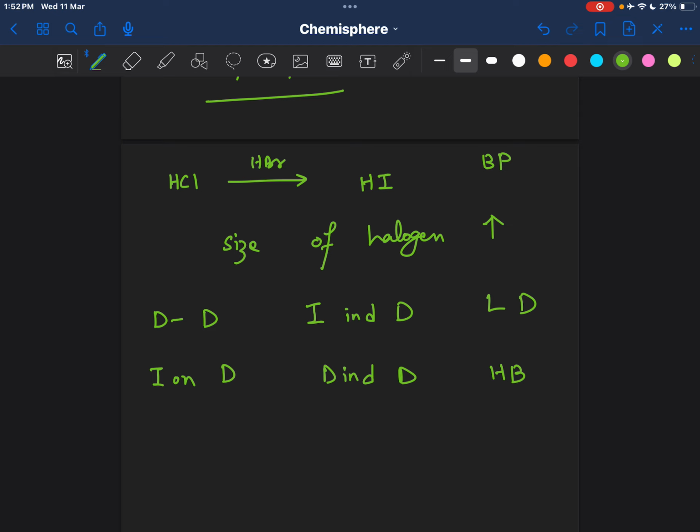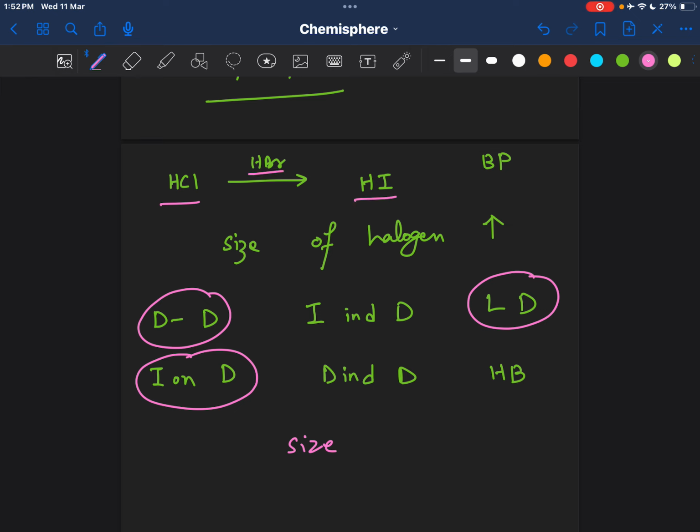So dipole dipole, ion induced dipole, London dispersion forces are collectively known as van der Waals forces. And to be specific, as the size increases, you can see in HCl, HBr, HI, hydrogen bonding doesn't come into the picture. So we have dipole dipole, ion induced dipole, and London dispersion forces.